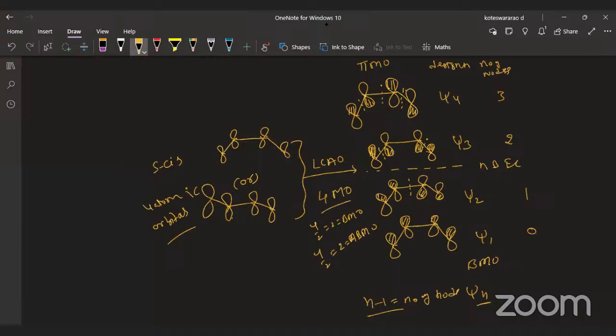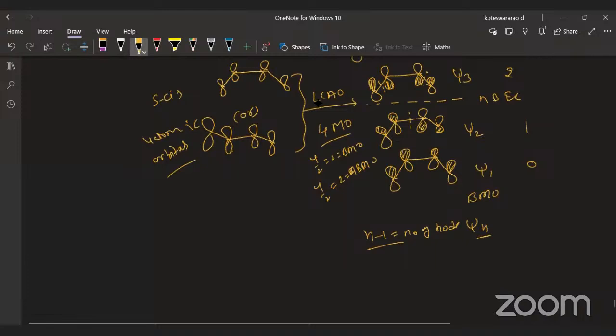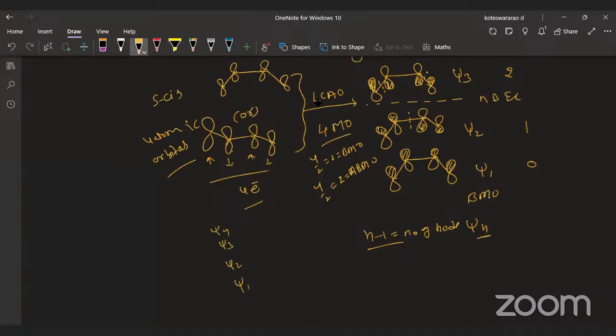Now, when we come to the energy levels, we need to understand the ground state electronic configuration. Each atomic orbital has one electron, that means 4 electrons are there. How are these 4 electrons filled in the molecular orbitals? Suppose this is psi1, psi2, psi3, psi4, and this is the non-bonding energy level.